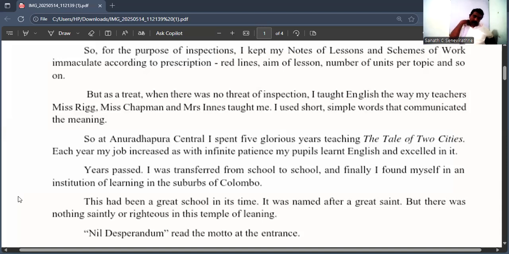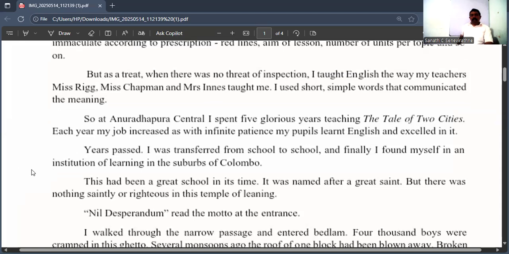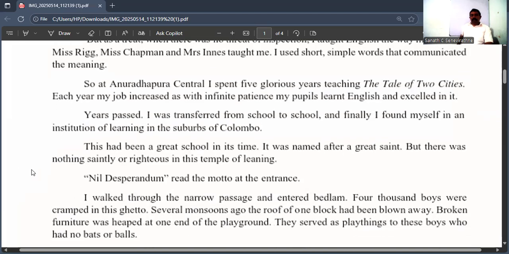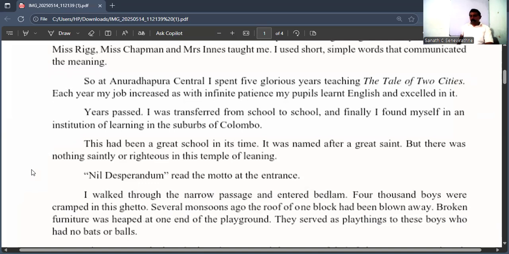That is why she used short, simple words that communicated the meaning.